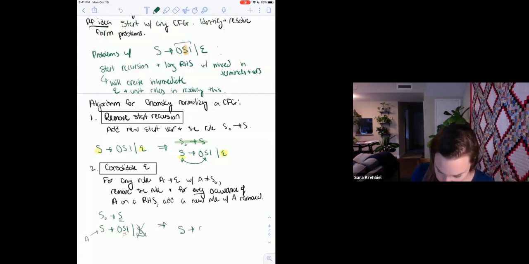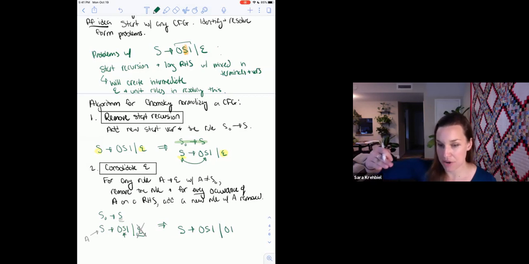So down here at the bottom, 0S1 sticks around there. But I'm also recognizing that previously S could have turned into epsilon. So I have a new base case here, a one step higher up base case, where if I used to be able to take 0S1 and then turn S into epsilon, now I'm going to say I can't turn S into epsilon, but I can just have 01 and finish the recursion in that manner.